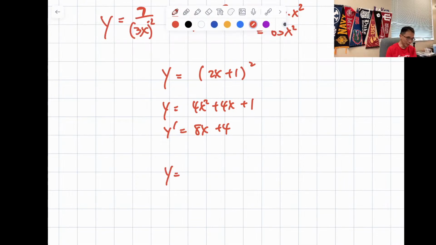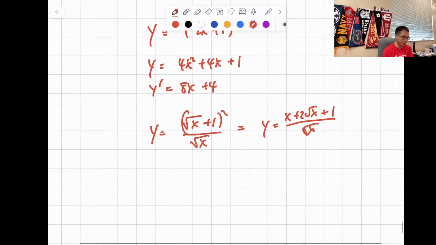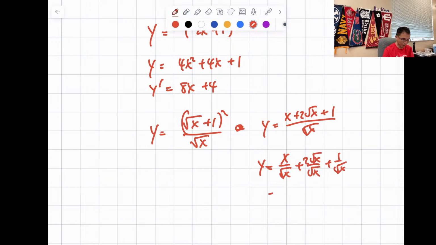Sometimes you can have this: square root of x plus 1, squared, over square root of x. Make sure you do algebra first. What can I do with algebra? I can expand the top. So it'll be x plus 2 root x plus 1 over square root of x. Now pay attention. This is a question I love to test a lot, because I can rewrite this and say x to the 1/2.